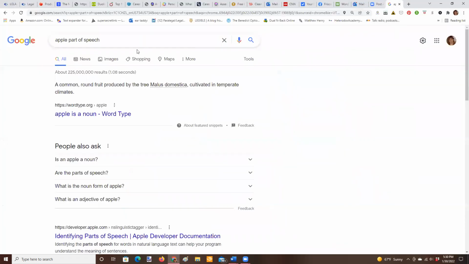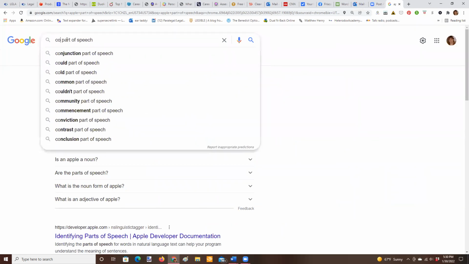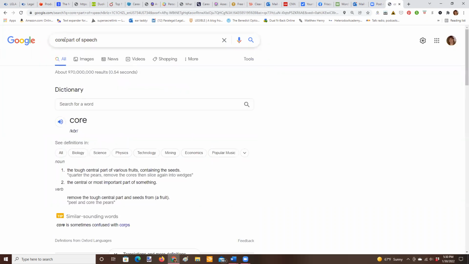Now, I know what part of speech cores are, but I'm just going to Google it because let's just say that I'm not sure. Let's just see what happens when I do cores. Core, and we're seeing the part of speech. Okay, well, it can be a noun or a verb. So we have to look for a context. Remove the tough center part and seeds from a fruit.